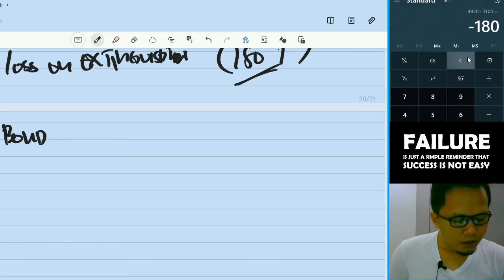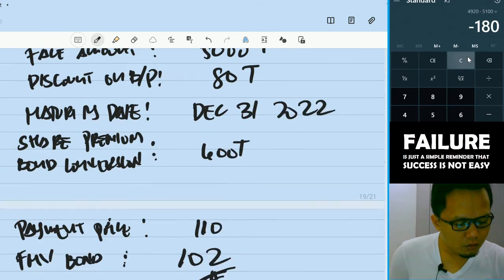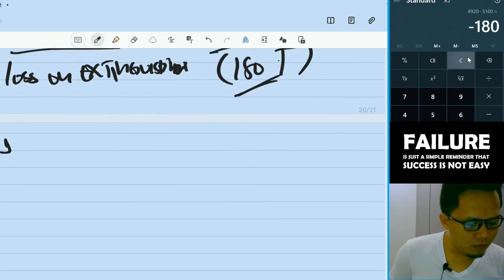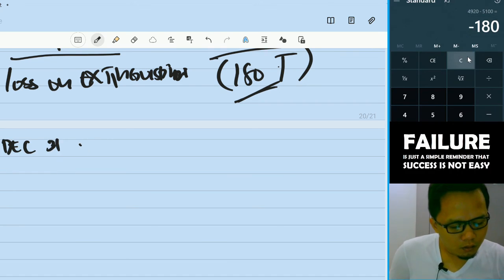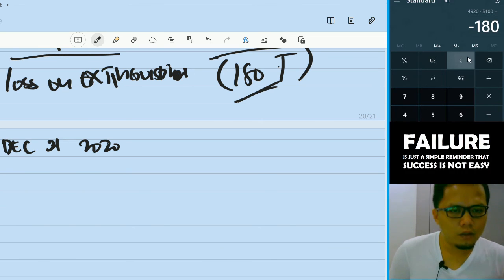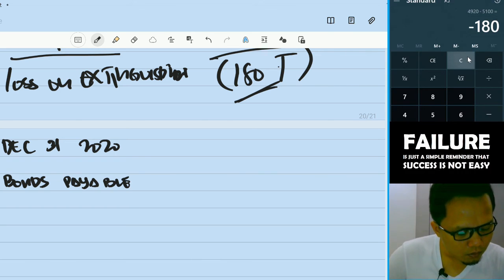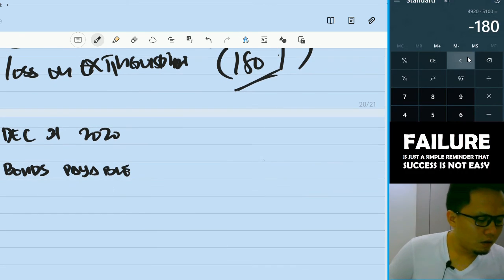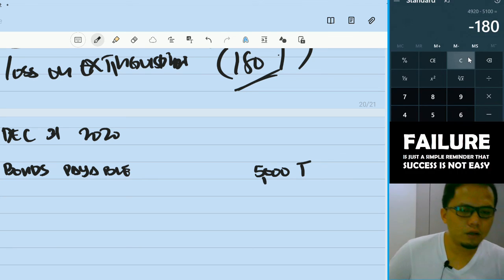So number 1, debit natin, bonds payable. Wait, let's correct. Ano nga yung date natin? Payment, okay, December 31. On December 31, 2020, the entry would be basically debit bonds payable at 5 million.